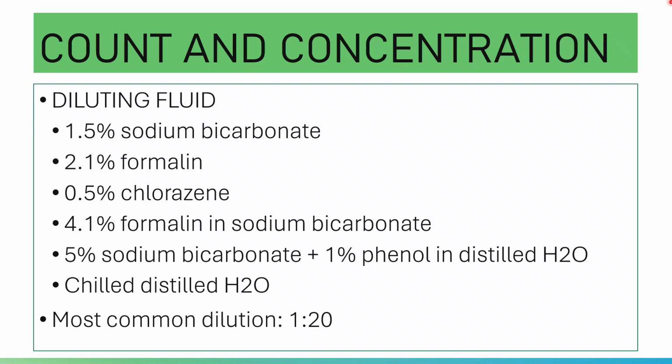Anyhow, you can also make a 1:20 dilution by placing 25 microliters of well-mixed liquefied semen into a small test tube, and then you add 475 microliters of your diluting fluid, which is your distilled water.